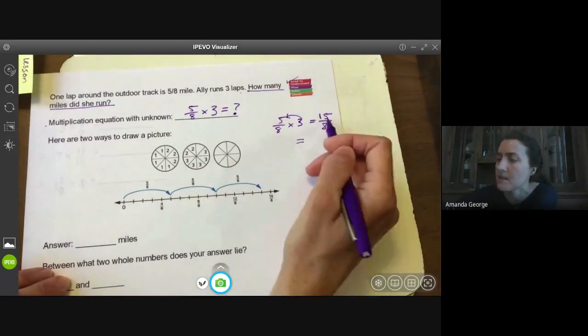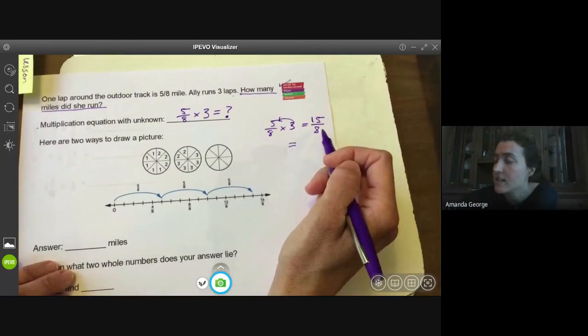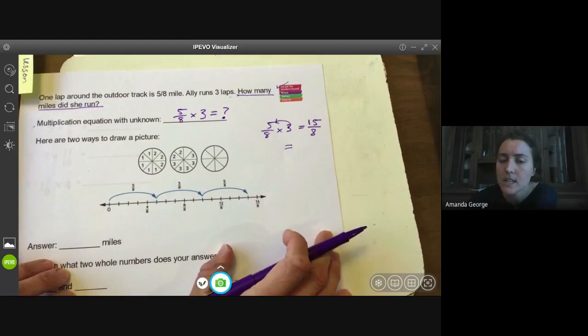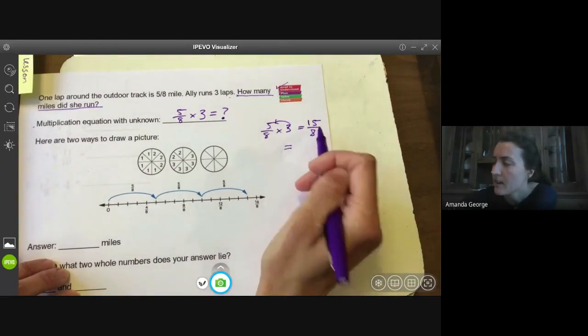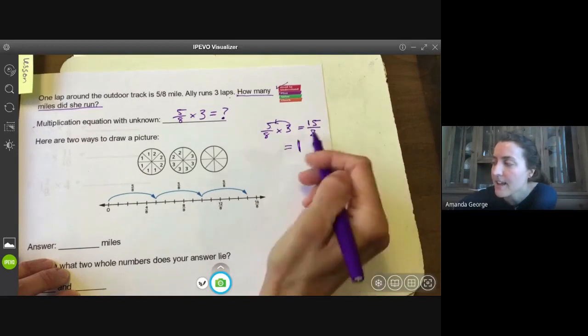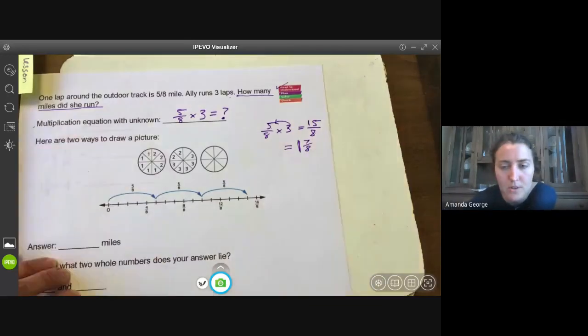So what would this be as a mixed number? 15/8. It's not quite 2, because 2 would be 16 divided by 8. What's 15 divided by 8? Good, Carlum's got it. So 8 goes into 15 one whole time, that would be 8/8, and you still had 7/8 left over. Good job, girls who got that one.